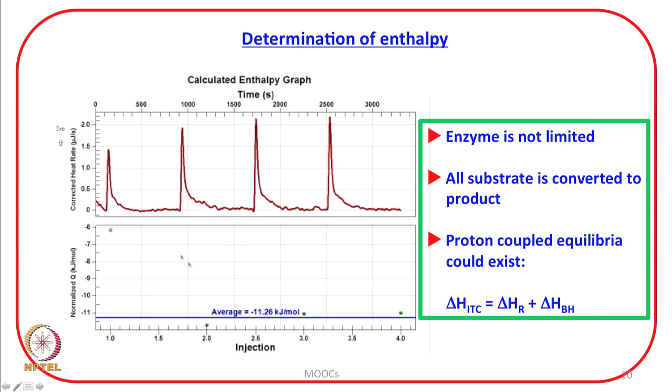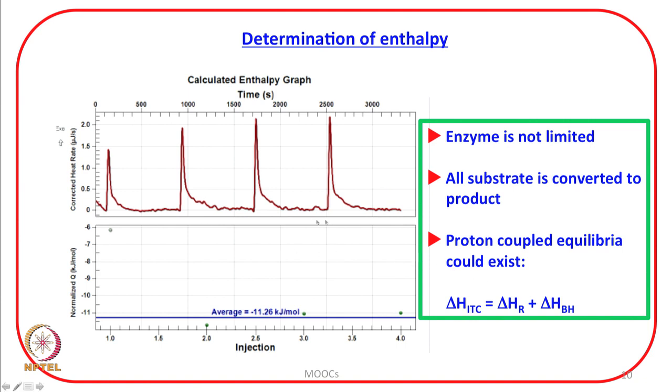So, area under the curve divided by number of moles of the substrate added will be equal to delta H. The assumption is all substrate is converted to product, and as I discussed earlier, you have to always apply the buffer ionization correction, otherwise the result will be erroneous. So, delta H BH corresponds to n times the standard enthalpy of buffer ionization.